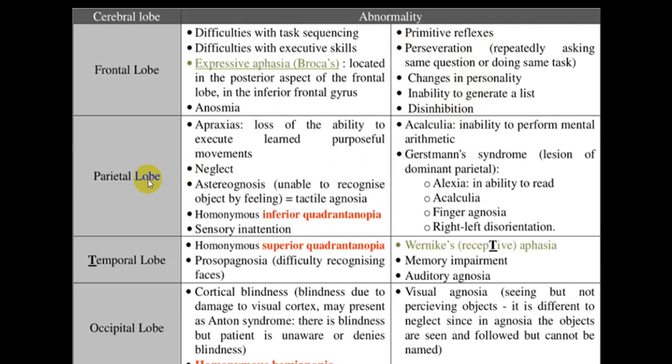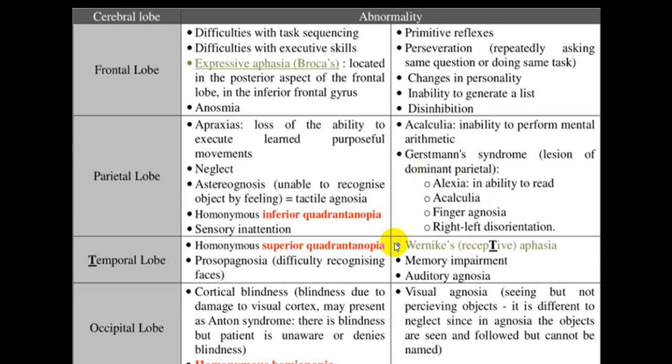When there is parietal lobe involvement, he can have apraxia, neglect, astereognosis, homonymous inferior quadrantic hemianopia, and acalculia. Gerstmann syndrome can be there if there is a dominant parietal lobe involvement, which will include alexia, acalculia, finger agnosia, and right to left disorientation. This will be typical in case of a dominant hemisphere parietal lobe involvement.